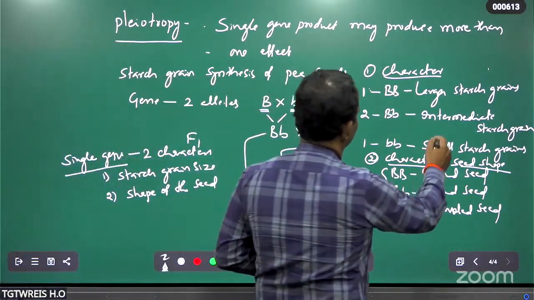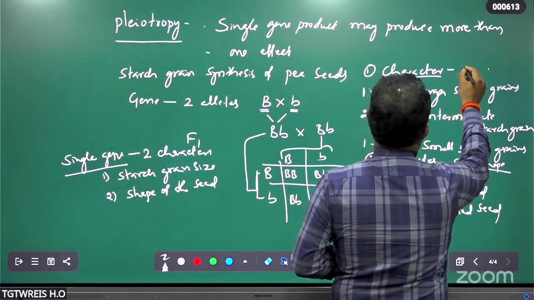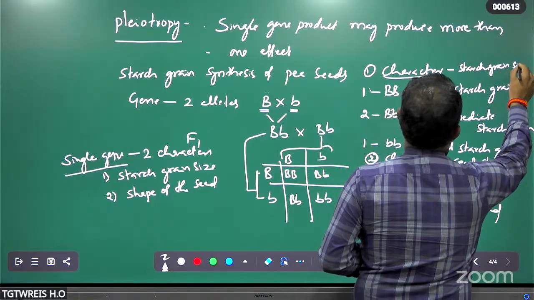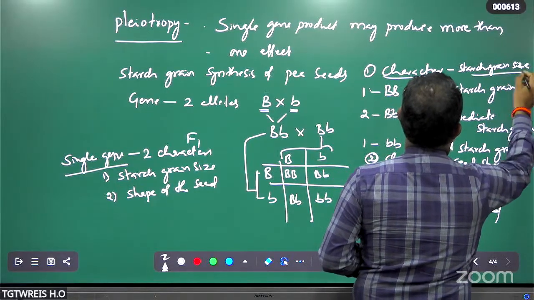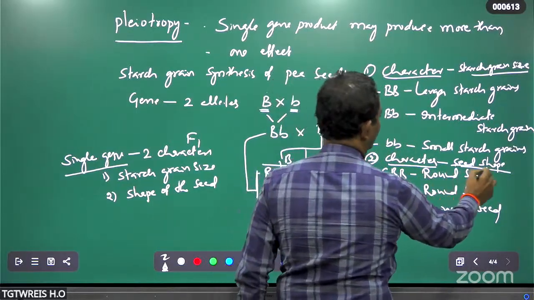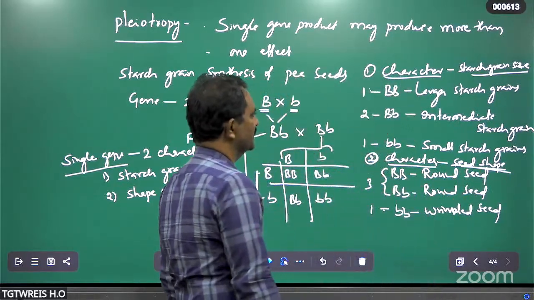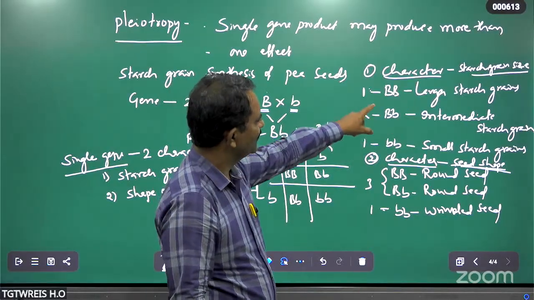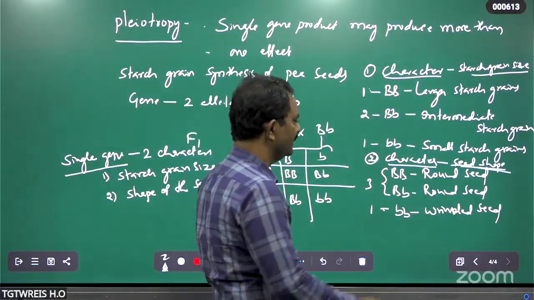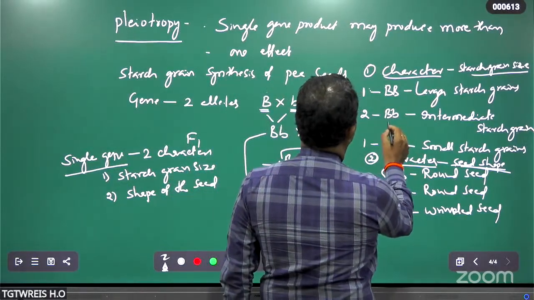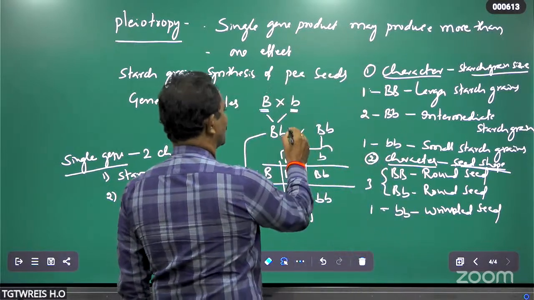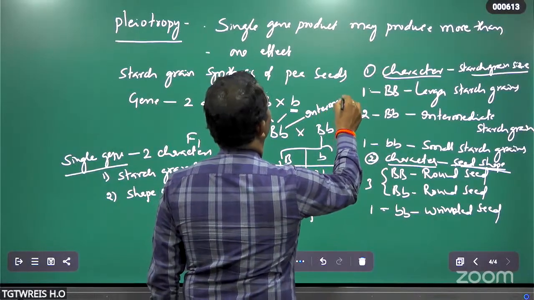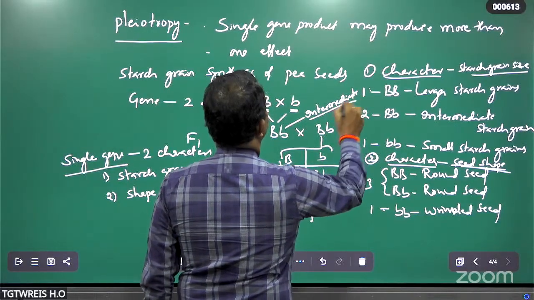One character is the starch grain size, and the second character is the seed shape. Here the first character, the starch grain size, shows incomplete dominance. In the F1 generation, Bb shows intermediate starch grains.